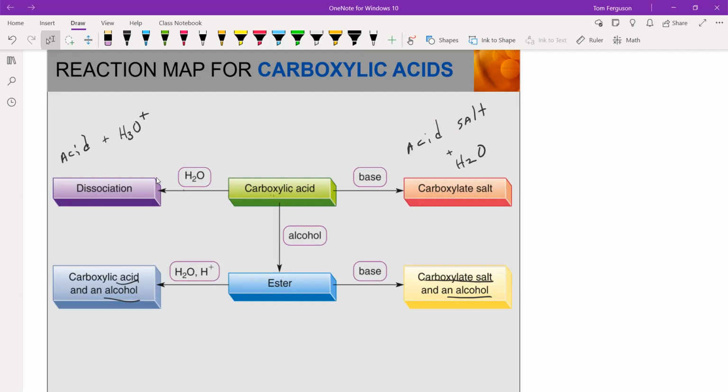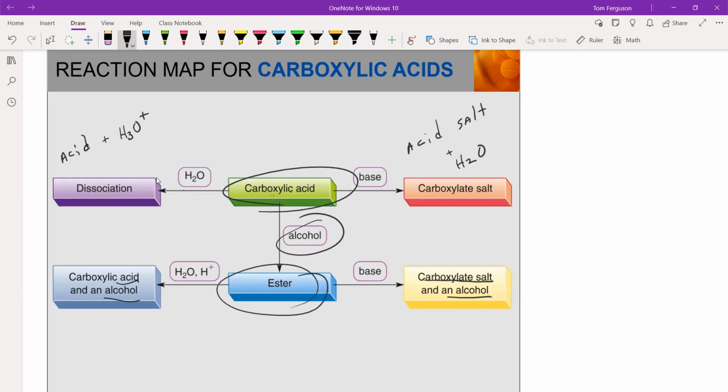I like to give you the charts so you can use it to figure out how you're going to synthesize something. For example, how do you synthesize an ester? Well, you need an alcohol and an acid, and the acid can be in three forms: the anhydride, the acid chloride, or the original acid.